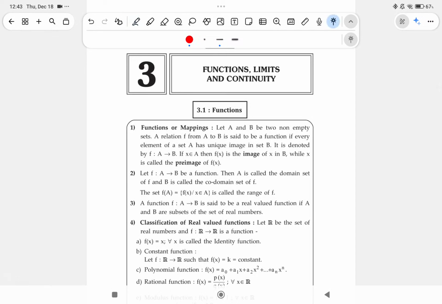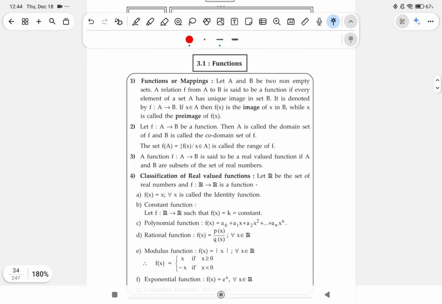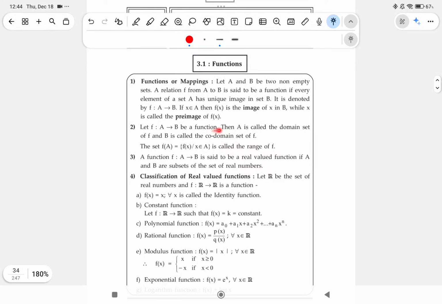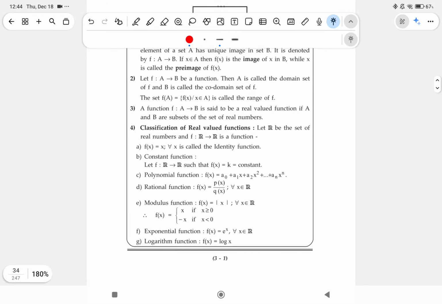Here you can see the function: A set, B set, a relation from A to B, f: A to B, image in B and pre-images f(x). Now, set A to B function, A is domain which I explained in the figure, and B is your codomain. Now there are a variety of functions you have.